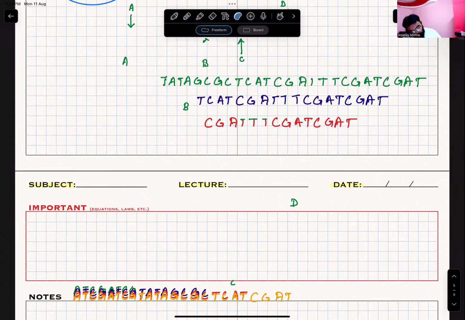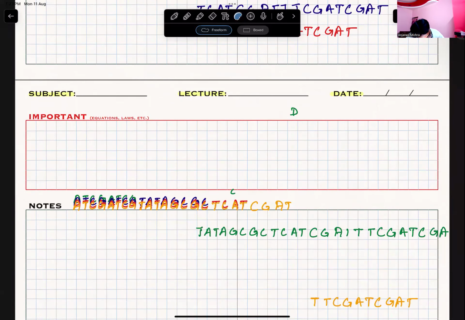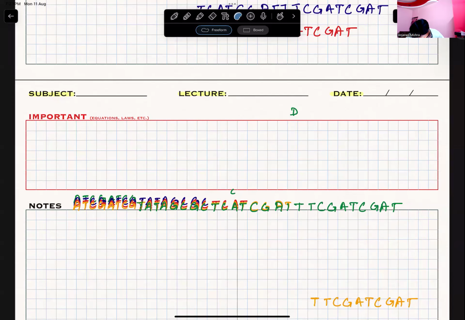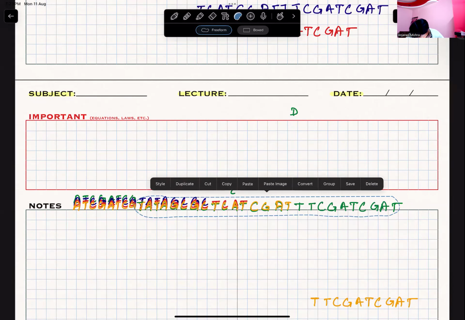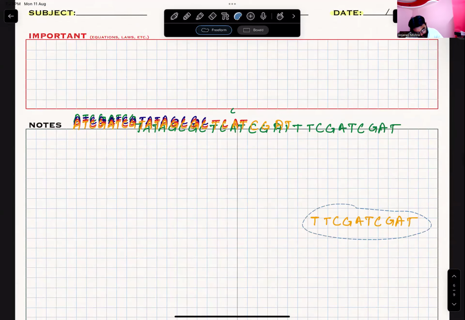If we look at the other fragments also, what will we notice? The other fragments are also really similar like this. This is really similar to this part.